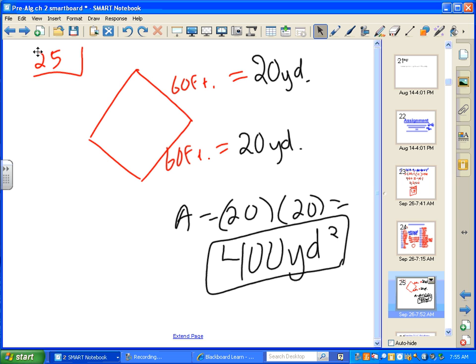That's all you had to do. So you were just taking everything from feet and converting it to yards. You okay with that, Annalise? Yeah, but the first thing you do is take 60 feet, figure out how many yards that is, and then to find the area in yards, you just take 20 times 20.